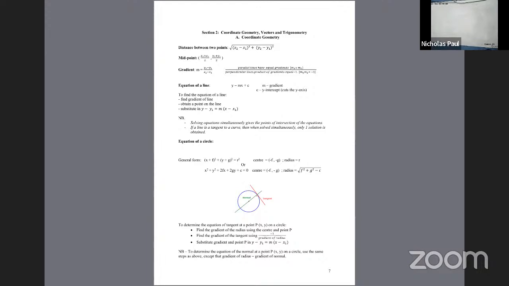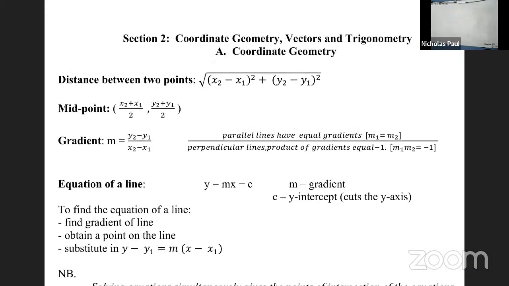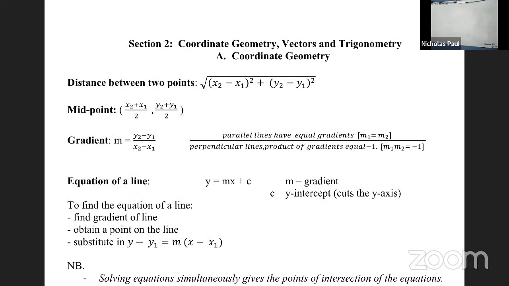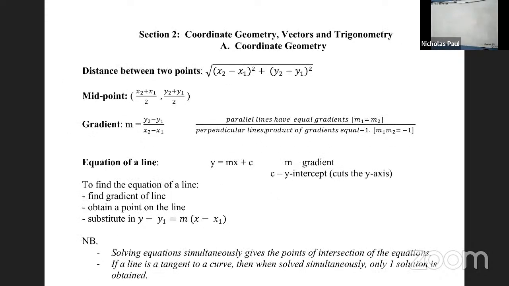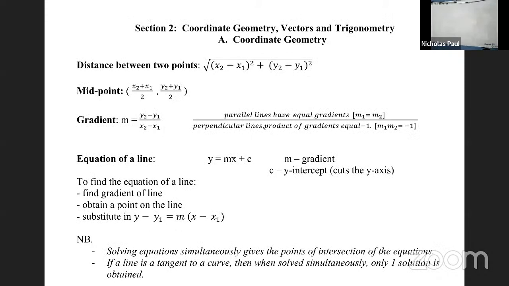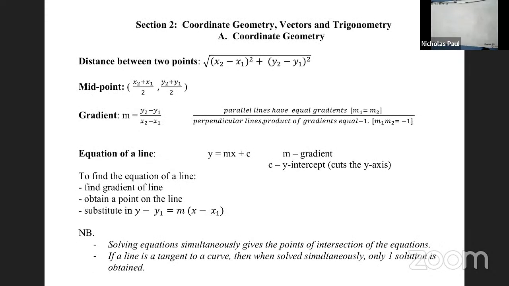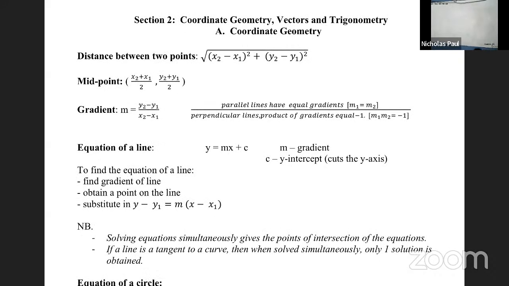All right. So as a quick review, this is some of the things that we should do in coordinate geometry. I want us to go over these things here. Do me one quick little favor: write that down, and we're going to use that. This is a review on straight line geometry.